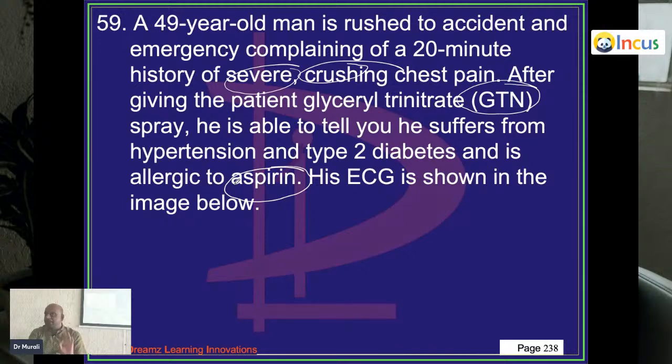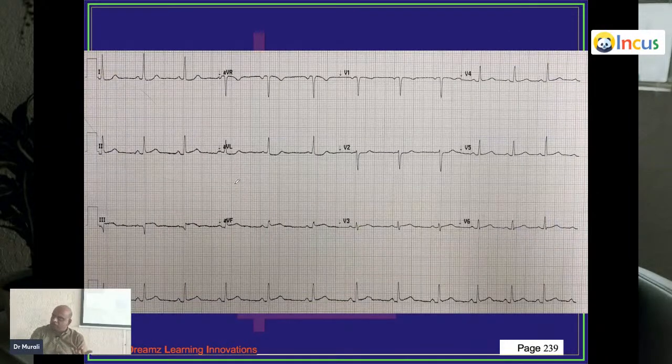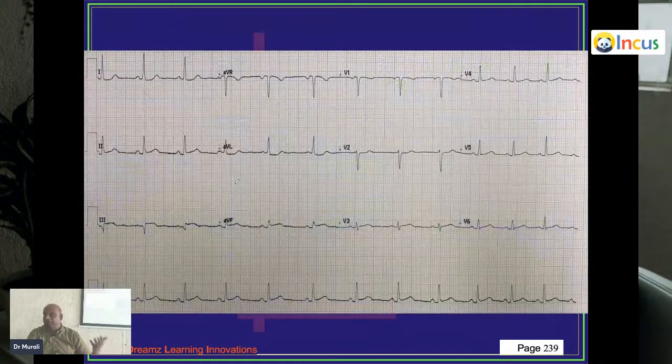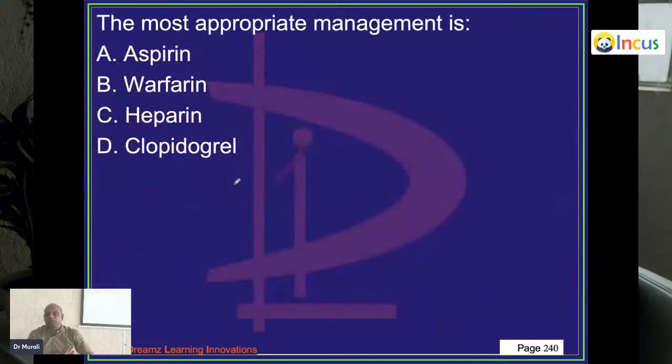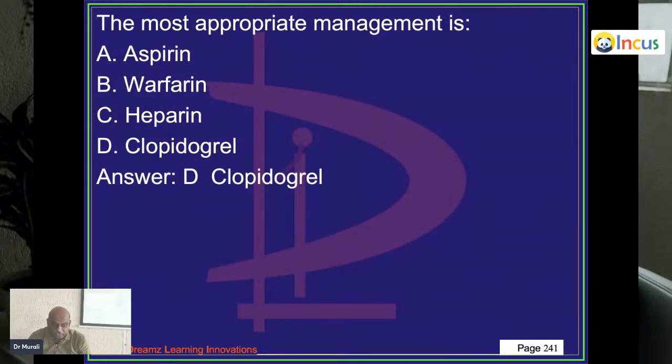One is to give glyceryl trinitrate. If not alleviated, then you will give morphine. But here it is already alleviated by giving GTN. There is no need of morphine. But he is allergic to aspirin. That's the reason you need to give clopidogrel, is what you need to basically remember.